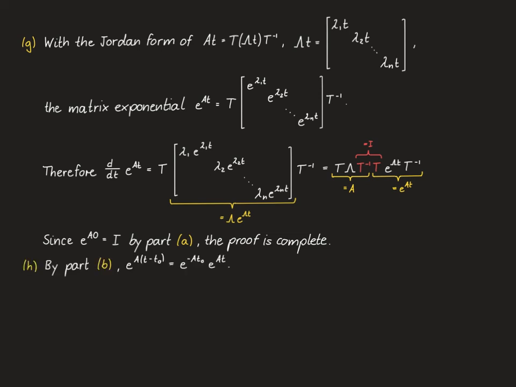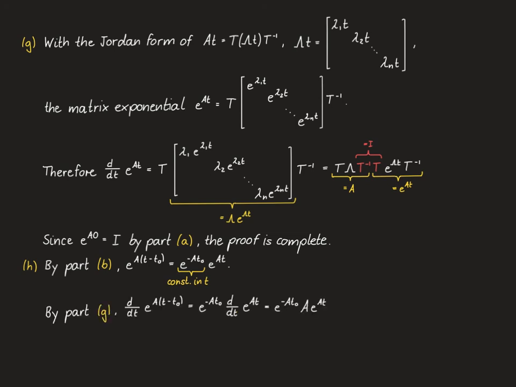For part H, we first observe that by part B of this lemma, e to the A times t minus t0 can be written as e to the minus A times t0 times e to the At, where this first matrix, e to the minus A t0, is constant in t.